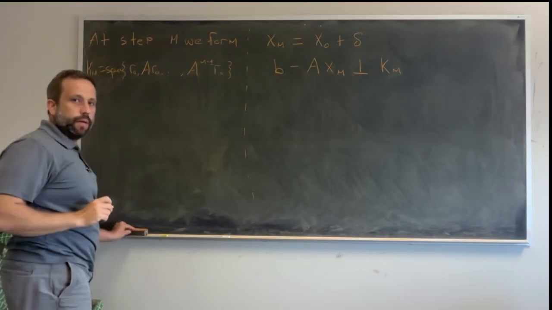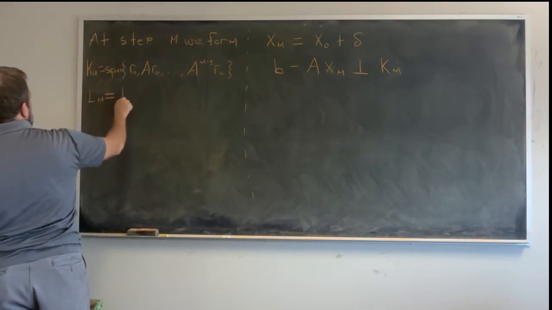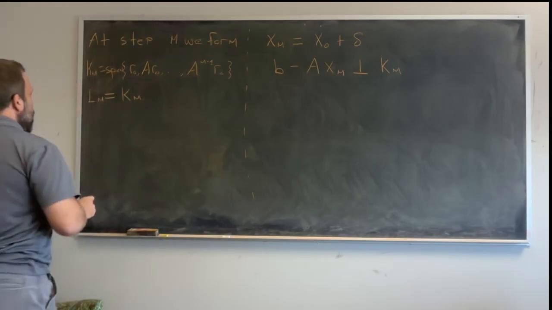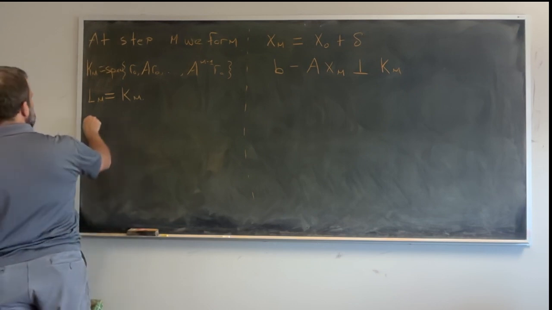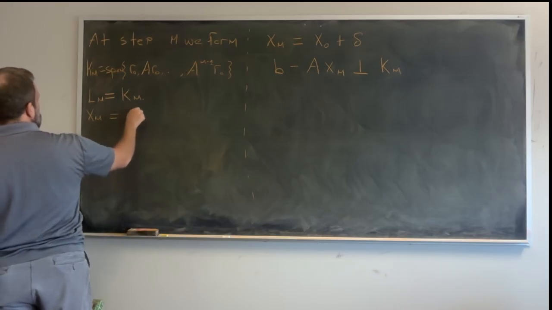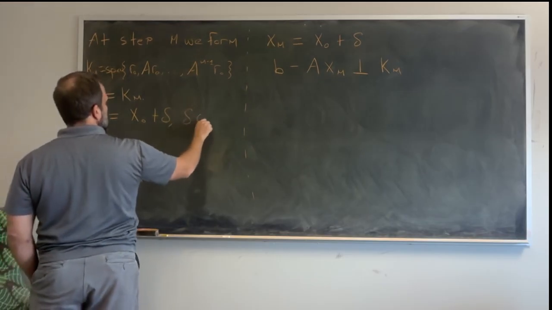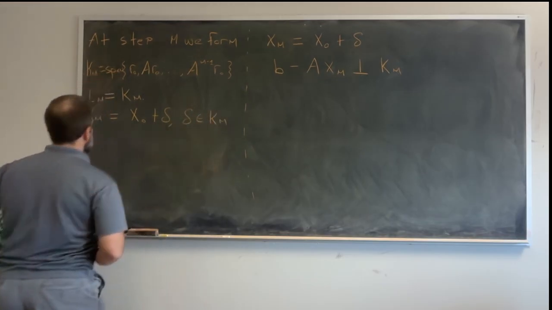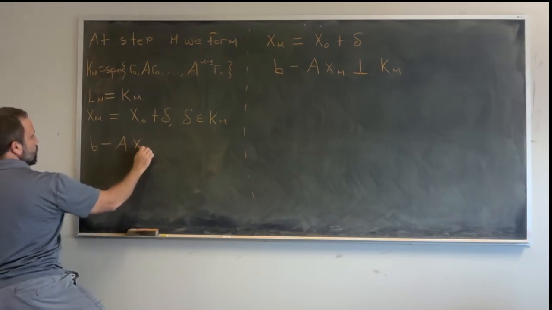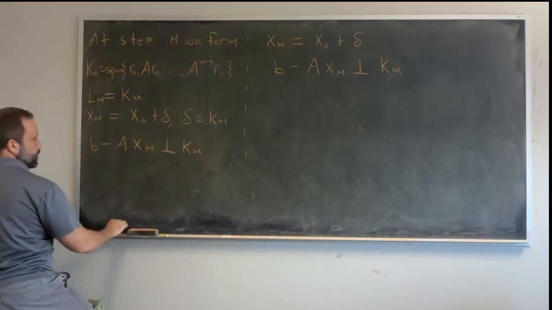In other words, all of the linear combinations of these vectors, and Lm is going to be equal to Km. And so at each step, we're going to set xm equal to x0 plus delta, where delta is in Km, and b minus Axm is orthogonal to Km. Okay.